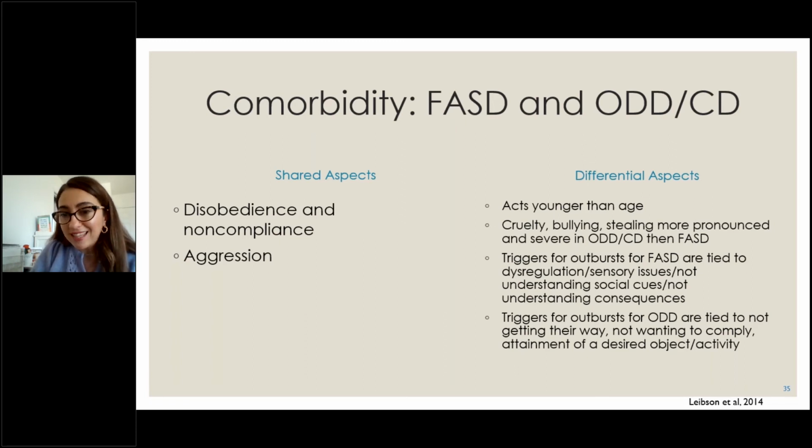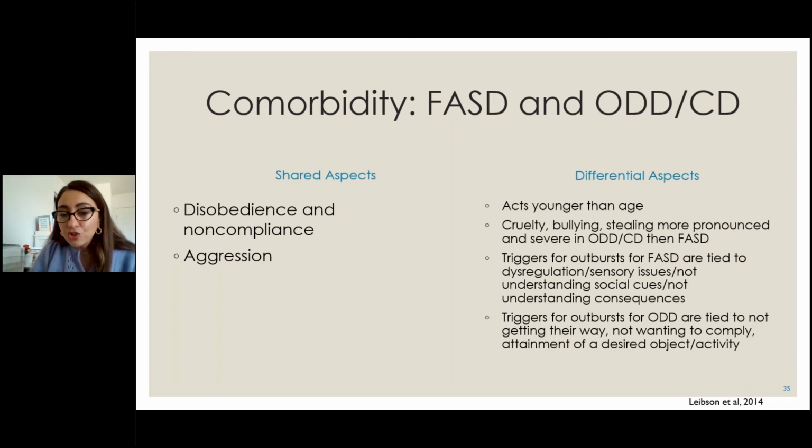And what we will find out is that the triggers for the outburst for FASD are oftentimes tied to dysregulation of their system, too many sensory issues, okay, and not understanding the social context or the cues, and not understanding that if I do this, then this happens, not getting that piece.